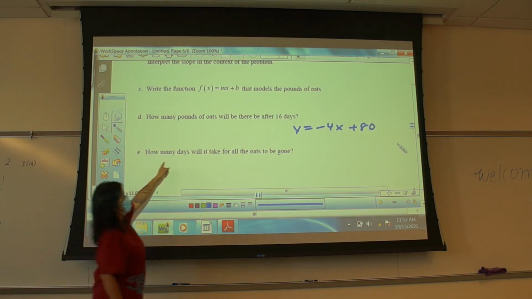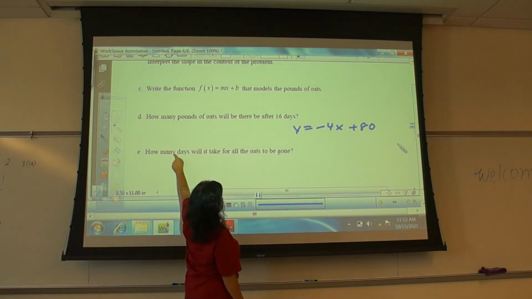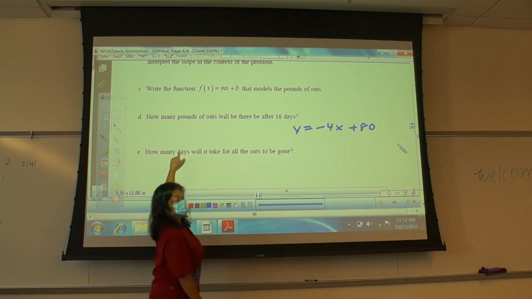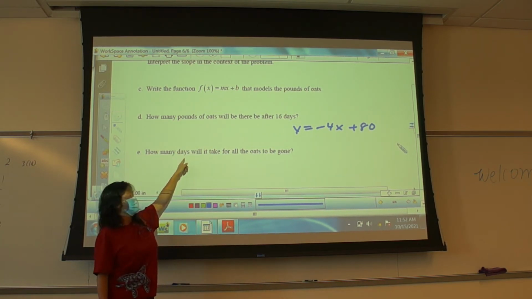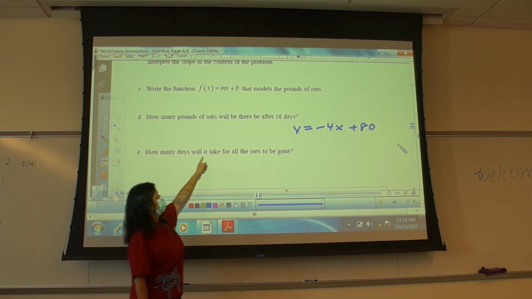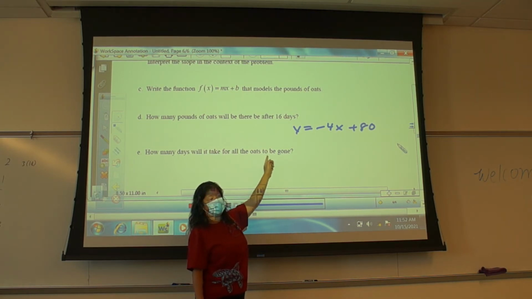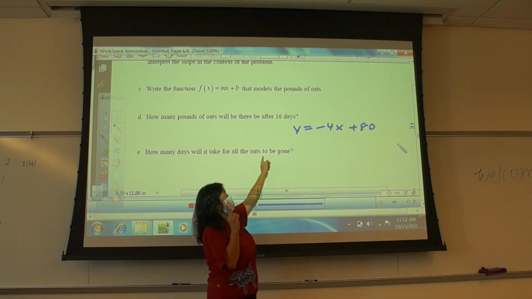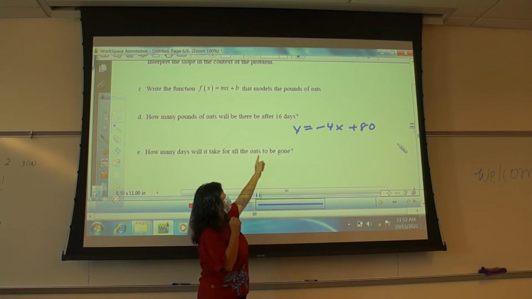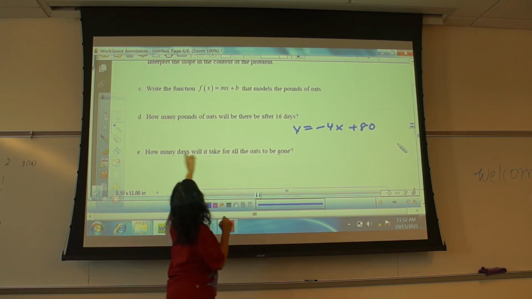How many days? Days is my x, right? So this says how many days means what is x when all the oats are gone. When all the oats are gone, how many oats are there? 0 oats. So oats is my x or my y? y. So y is 0. So in other words, when y is 0, what's x?